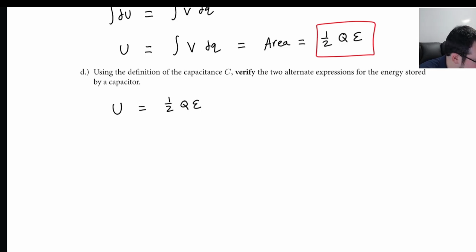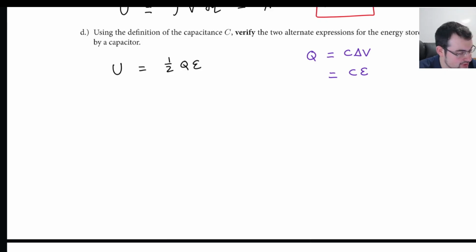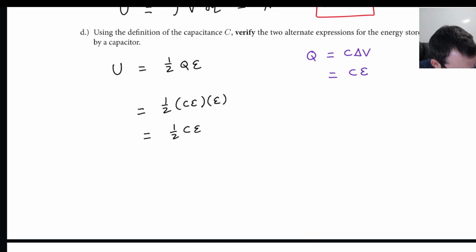So let's substitute away Q first, because we know that Q is equal to C delta V, which is equal to C times epsilon. And again, I'm just manipulating the capacitance definition for this. So I get 1/2 times C epsilon times epsilon, which is 1/2 C epsilon squared.